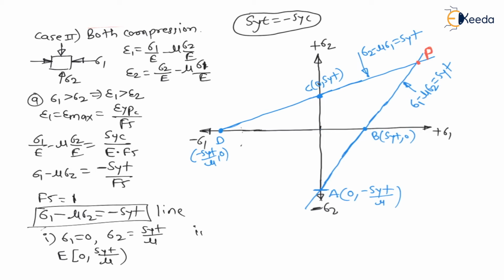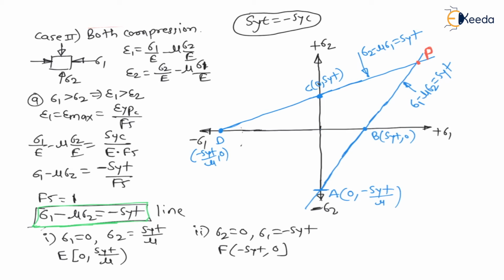Now for the second point, if I consider sigma 2 is equal to 0, then I will get sigma 1 is equal to minus SYT. Therefore I will get point F, which has coordinates minus SYT comma 0. Draw one line between E and F, and this line will satisfy the equation sigma 1 minus mu sigma 2 is equal to minus SYT.